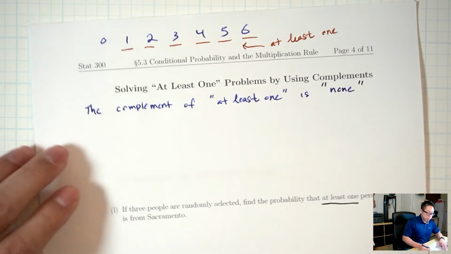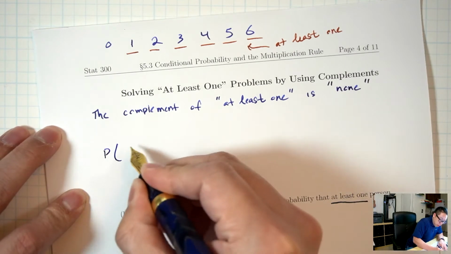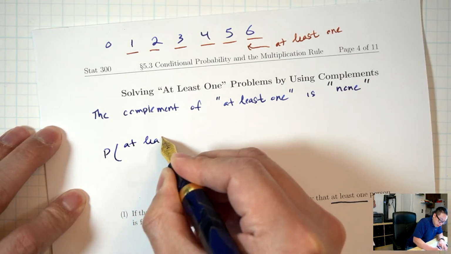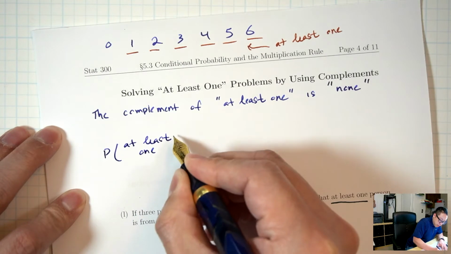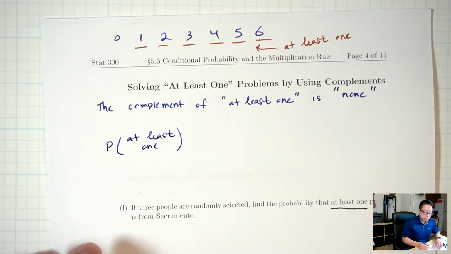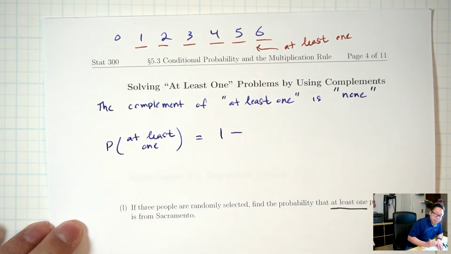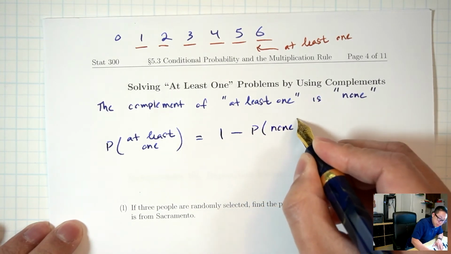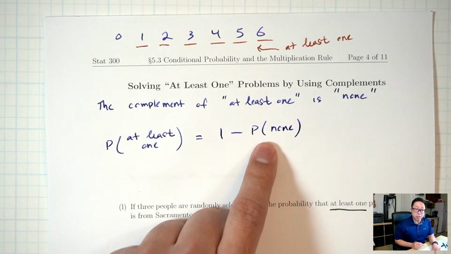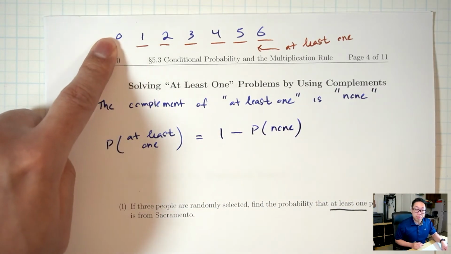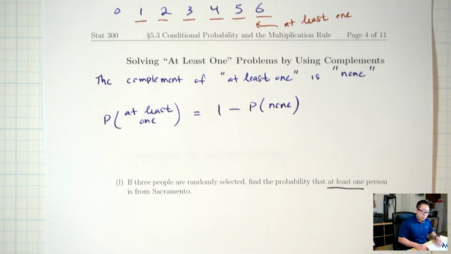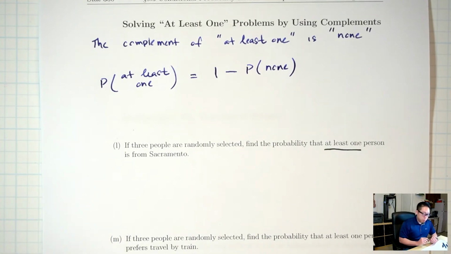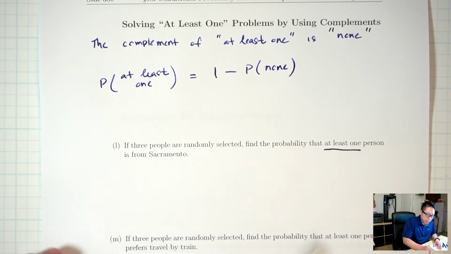So the idea here is to find a probability of at least 1. Instead of doing it directly, we're going to do 1 minus the complement, which is the probability of none, because that's going to be easier. There's only one situation for none, right? It's just 0. So part L. We're looking for 3 people and at least 1 from Sacramento.